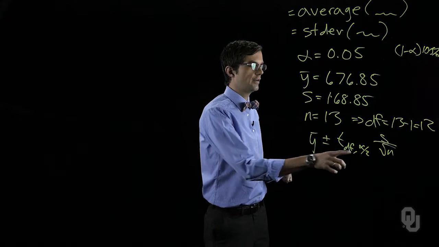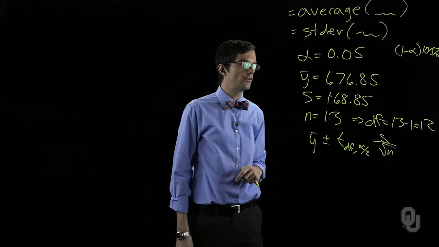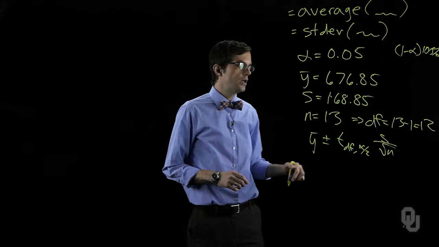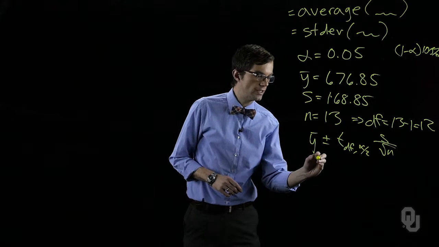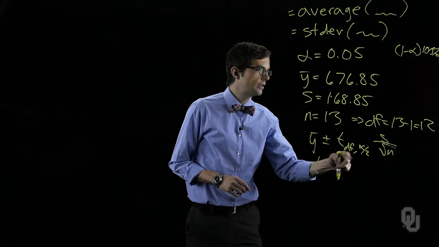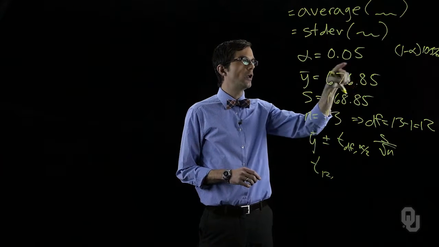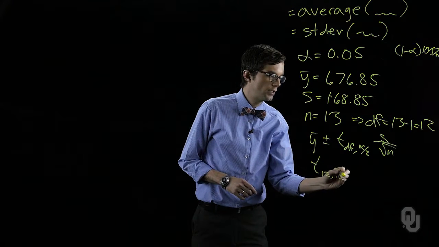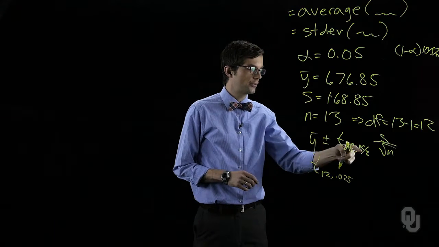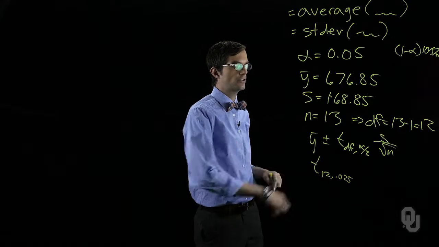One other thing that we need to figure out is what is our value of t. So we have to go to the t lookup table and find for degrees of freedom 12 what alpha over 2 is, 0.05 over 2, so that's 0.025 in each tail.